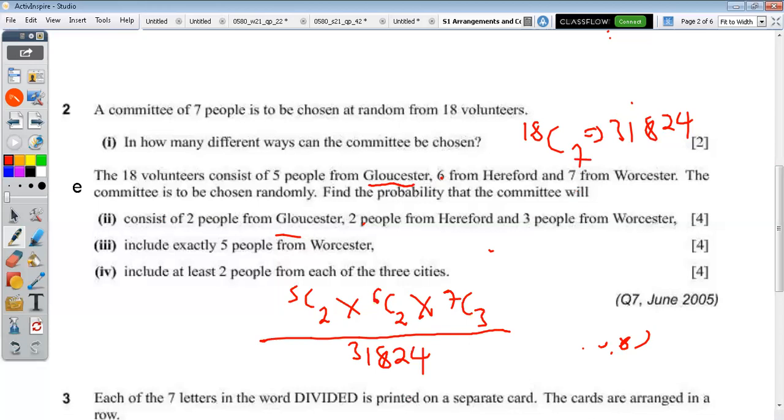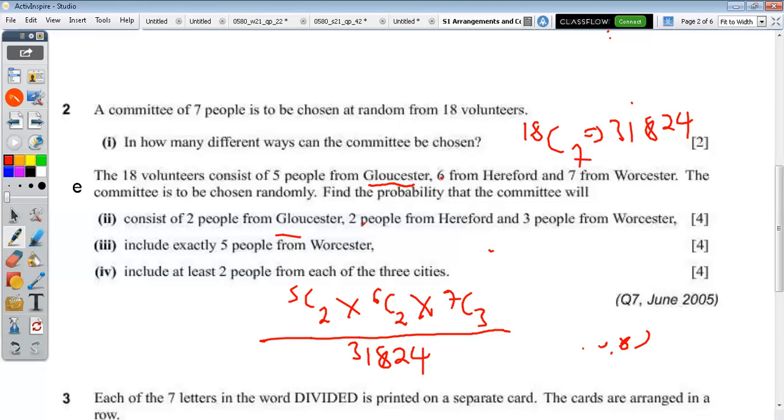So it's 5 choose 2 times 6 choose 2 times 7 choose 3 divided by 31,824, which gives you... do you want a fraction form or decimal form, sir?